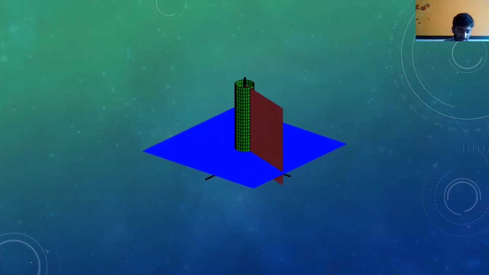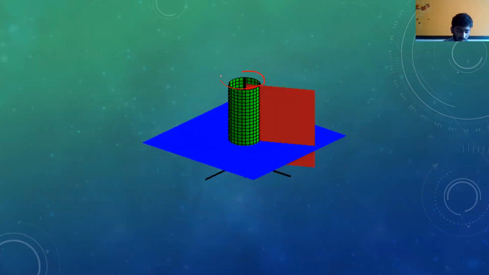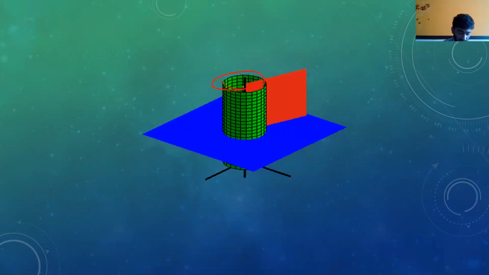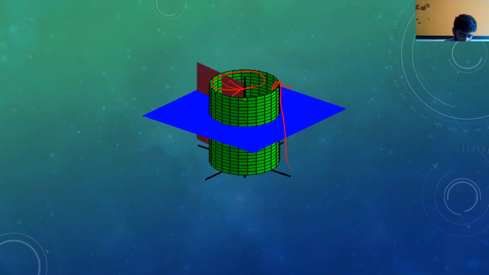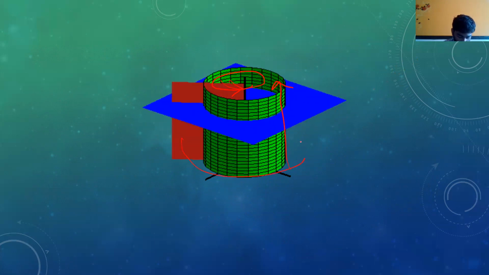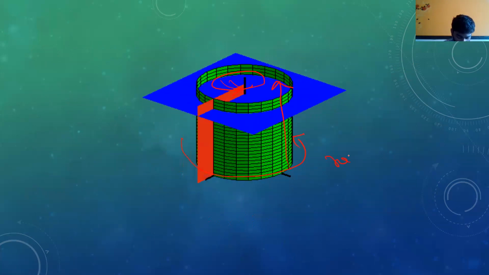As we can see in this diagram, in the cylindrical coordinate system the radius can be varied, the height can be varied, and the angle also varies as rotation happens.